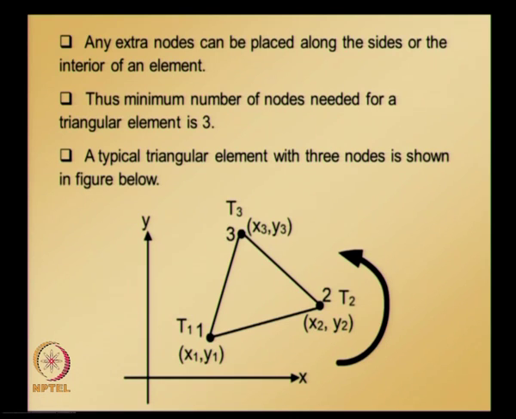Since there are 3 nodes, the trial solution must have 3 parameters, that is, we need to start with a polynomial having 3 coefficients. A linear polynomial in 2 dimensions satisfies this criterion.